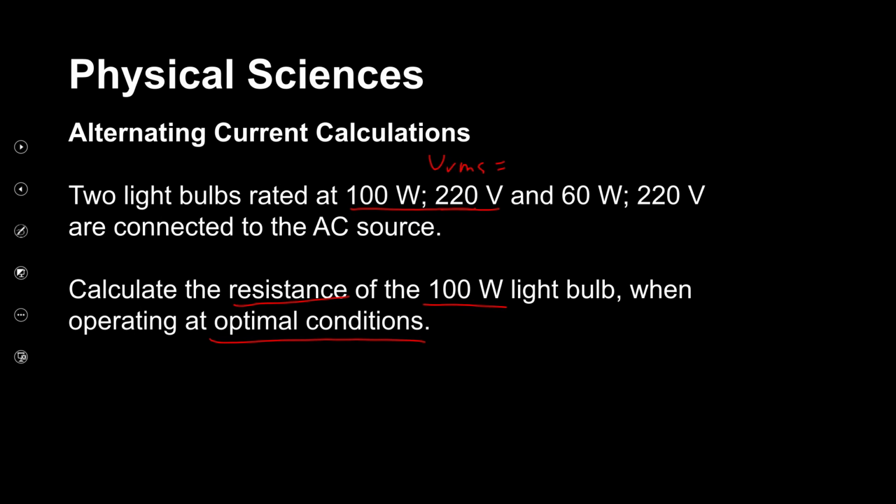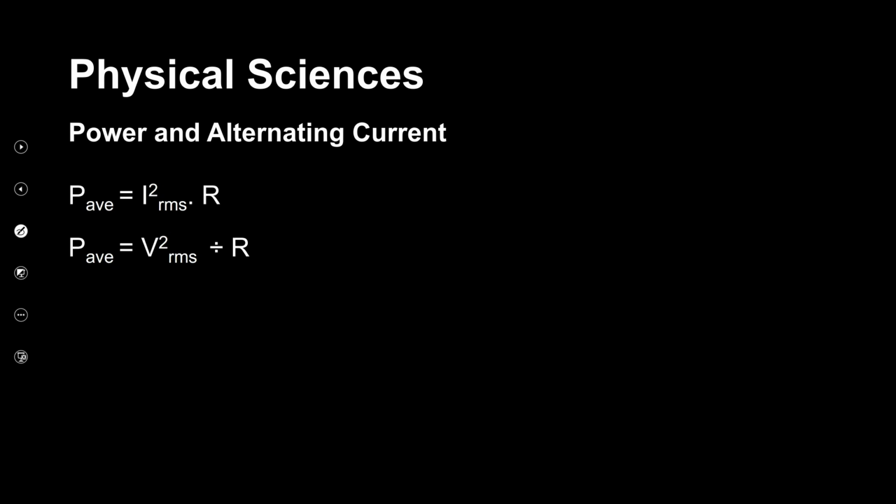So remember that if we're looking at this situation, we want resistance, we have to use a power equation. So we're either going to use that average power is equal to I squared RMS times the resistance. We haven't got I RMS. Yes, you could work it out, but we're not going to. We've been given Vrms, so it's appropriate that we choose that equation.